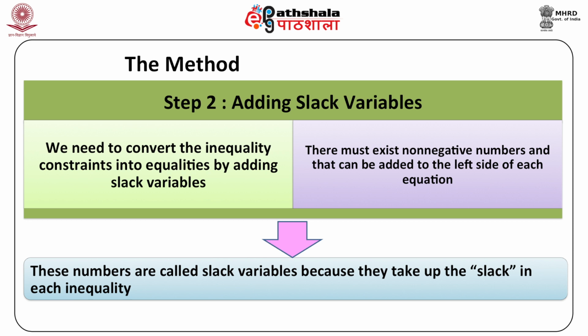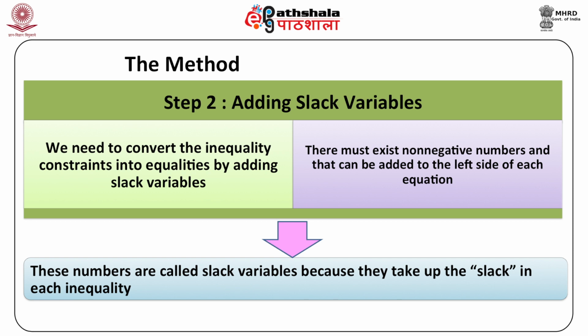Adding slack variables. In order to solve the maximum problem by simplex method, we need to convert the inequality constraints into equalities by adding slack variables. Since the left hand side of each inequality is less than or equal to the right hand side, there must exist non-negative numbers that can be added to the left hand side of each inequality to produce a system of linear equations.